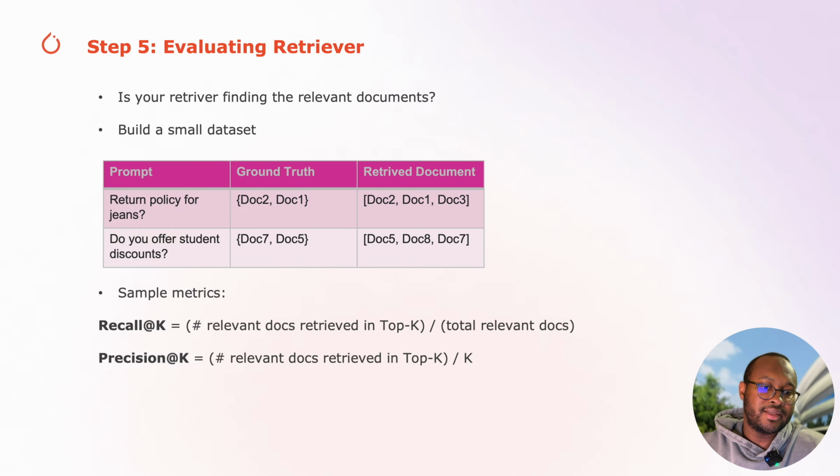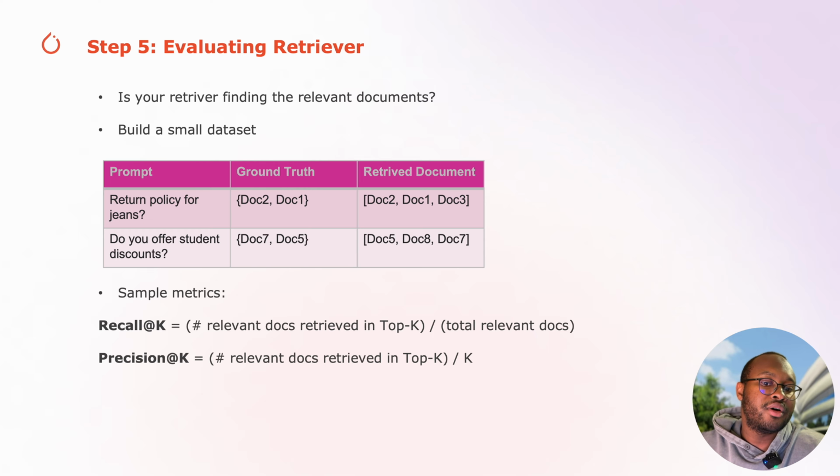Recall computes how many of the relevant documents did we manage to find, and precision computes how many of the retrieved documents are actually relevant. So recall is essentially the number of relevant documents retrieved in top K divided by the total relevant documents.